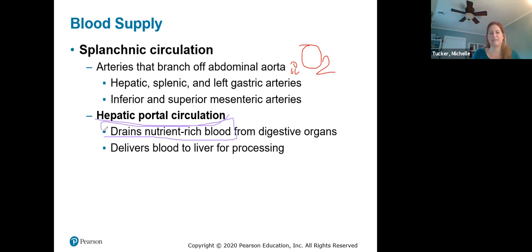We will discuss the hepatic portal circulation when we get to the liver. Okay, so two circulations. Splanchnic arteries deliver oxygen. Hepatic portal vessels are going to deliver nutrient-rich blood from the digestive organs, mainly from the small intestine, and then to the liver for processing.